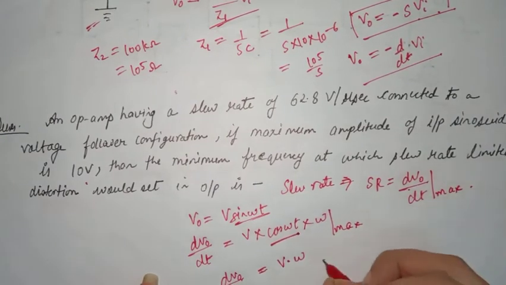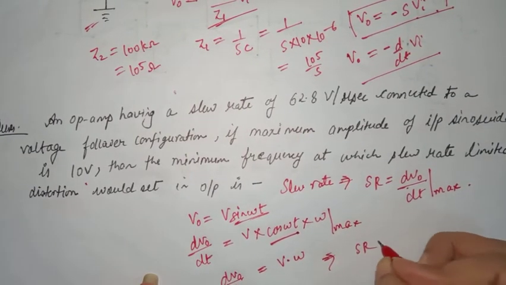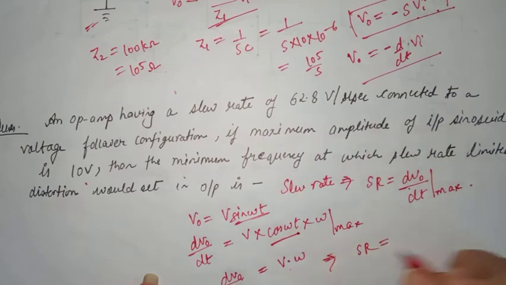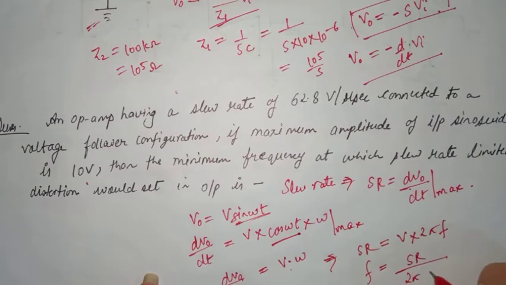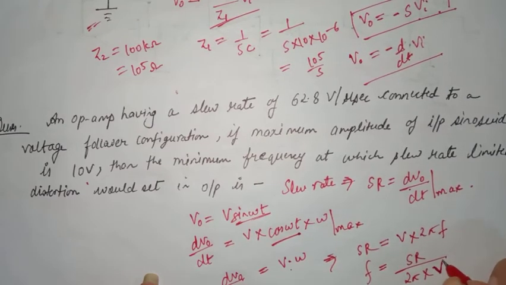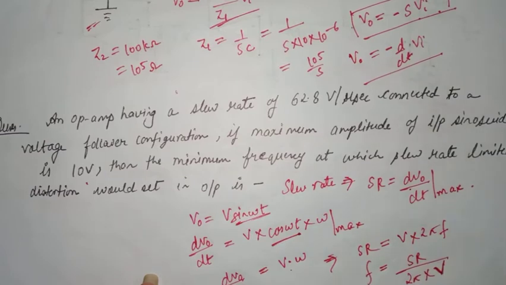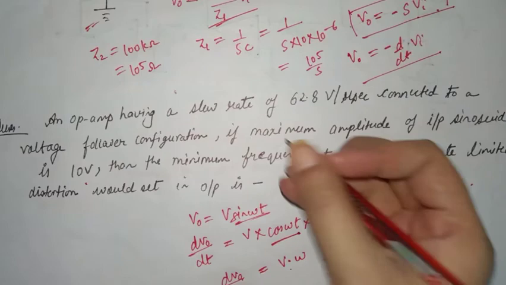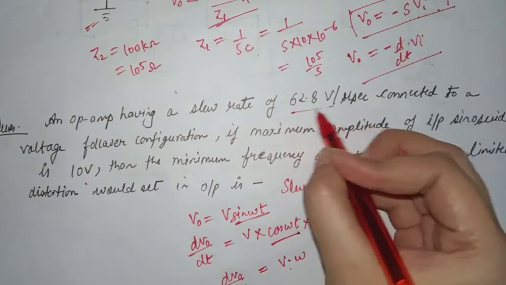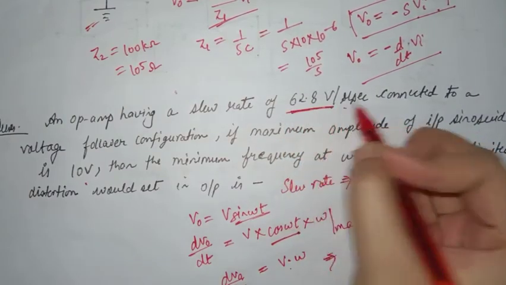So from here we can say slew rate equals v into omega, and omega को replace कर सकते हैं 2 pi into f. So यहाँ से क्या हो जाएगा, f equals SR upon 2 pi into v, and v is the maximum input voltage. Now in this question the value of slew rate is given as 62.8.